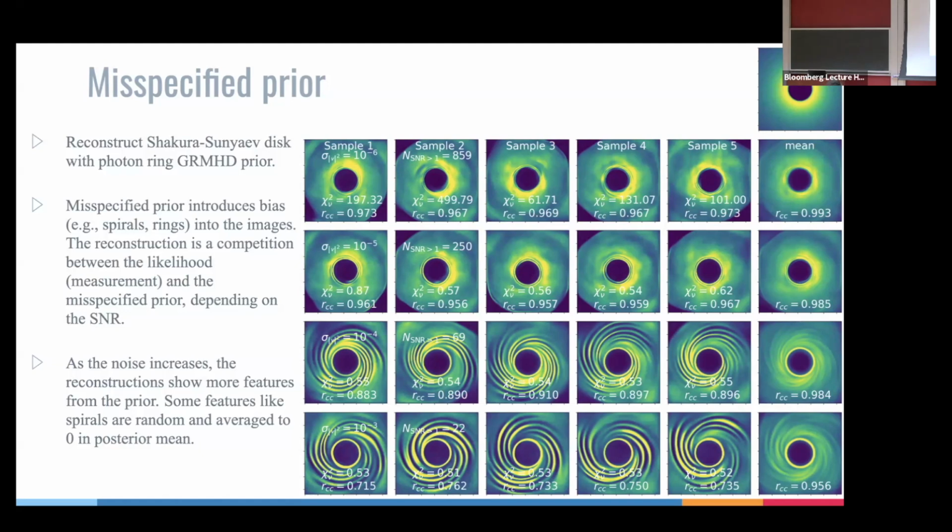But as you go to higher and higher noise, you begin to get all these features, which are coming from the prior. But still, if you average over all these images, because all these spiral arms are just randomly drawn from the prior, if you take a mean of them, they actually average to 0. So you get a pretty smooth image in the end.